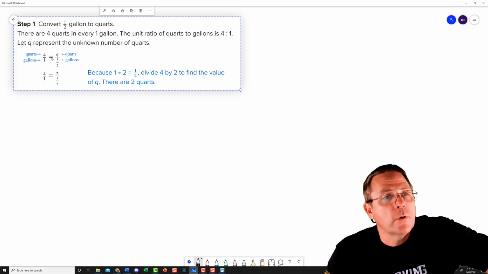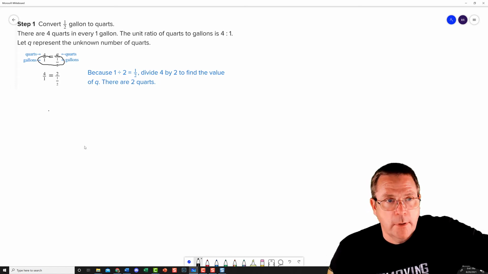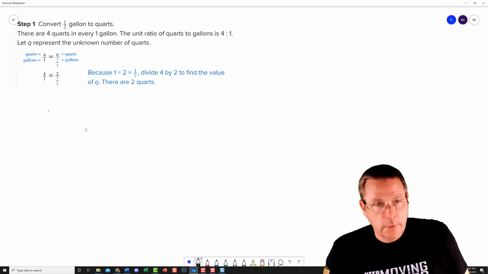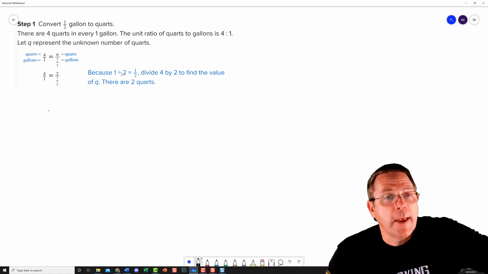Because of that, we're also trying to find out how many quarts a half gallon represents. So to do that, we're going to divide by 2. You can see that right here. So the 1 gallon divided by 2 gave me a half gallon.